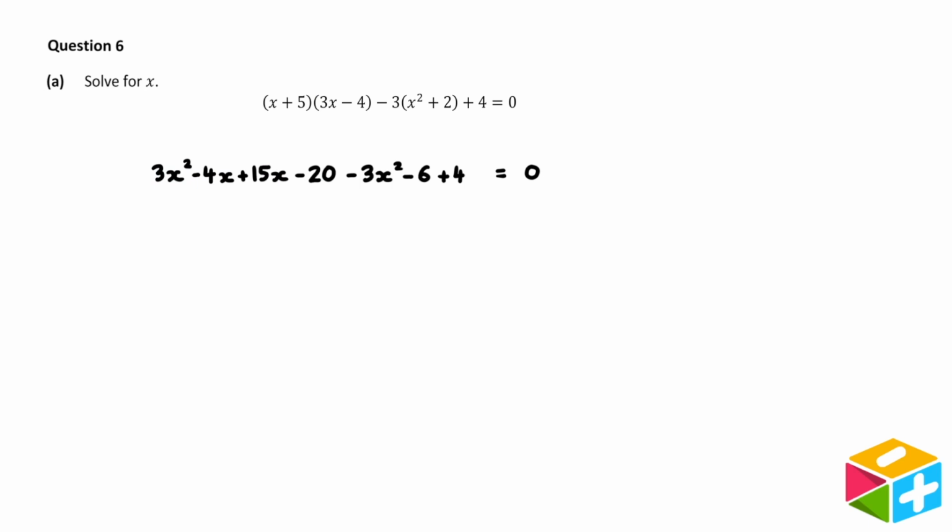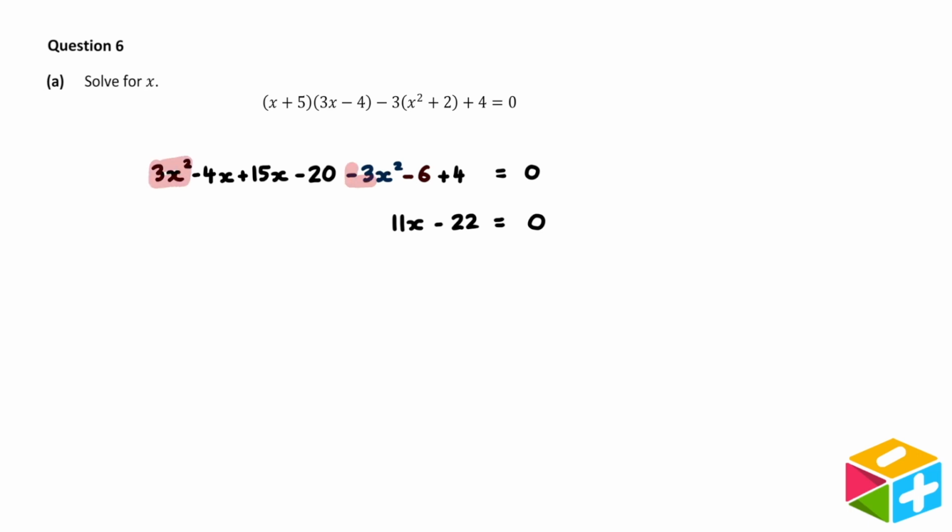In our other brackets, minus 3 times x squared is minus 3x squared, and minus 3 times plus 2 is minus 6. From here, we can do some simplification.